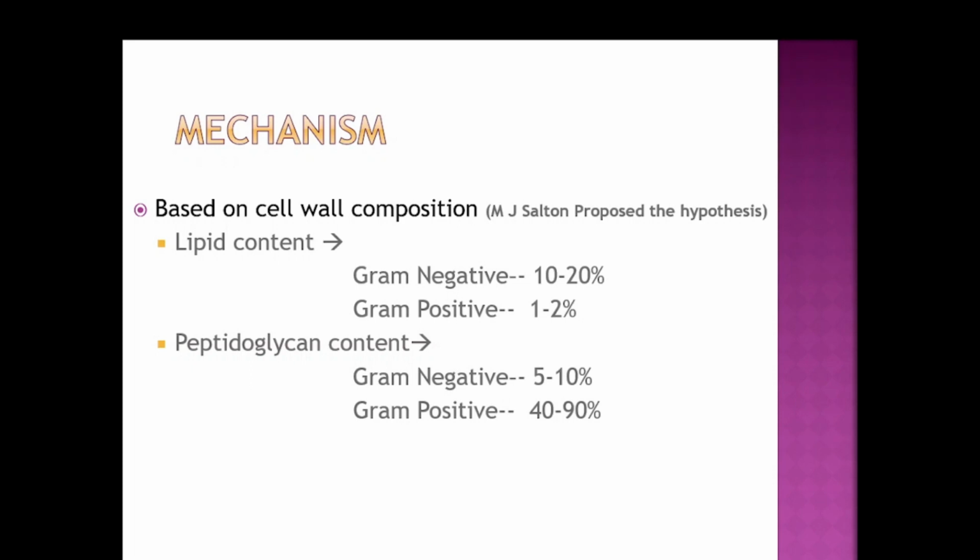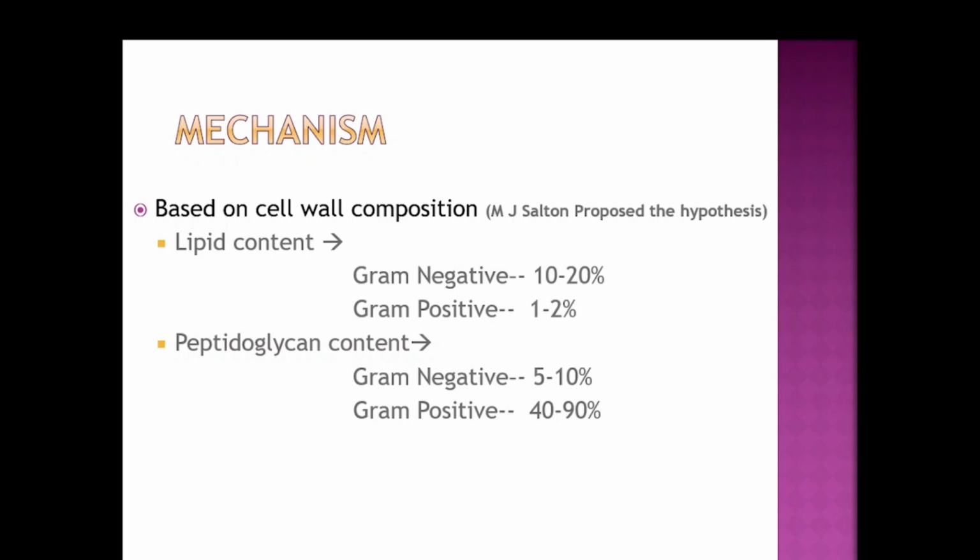Hence, when these gram negative bacteria, after primary staining and mordant application, are subjected to the decolorizing agent, which is an organic solvent, this alcohol washes out the higher lipid content of the gram negative cell and increases the porosity of the gram negative cell wall.